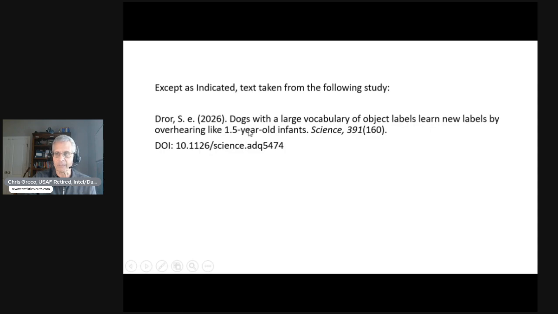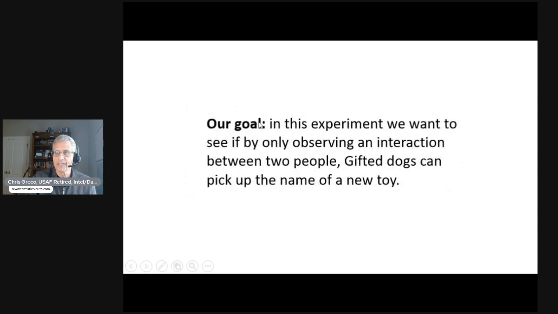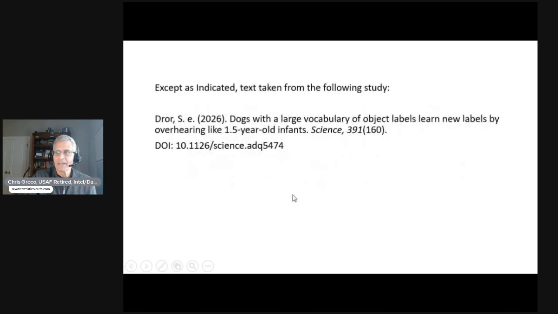I don't like that "like 1.5-year-old," but whatever. Then it goes back to the goal. In this experiment, we want to see if by only observing an interaction between two people, gifted dogs, not all dogs, not even some dogs, gifted dogs can pick up the name of a new toy. Well, let's go back again. It doesn't say that.